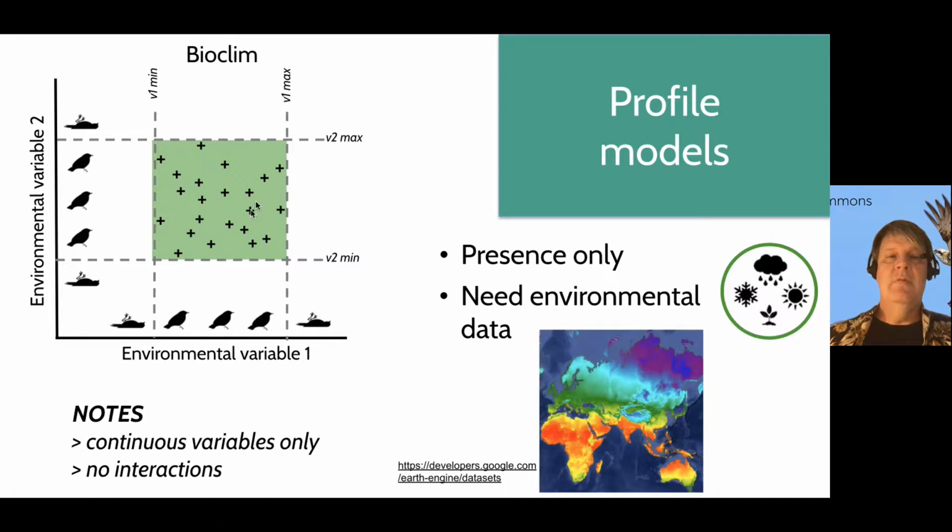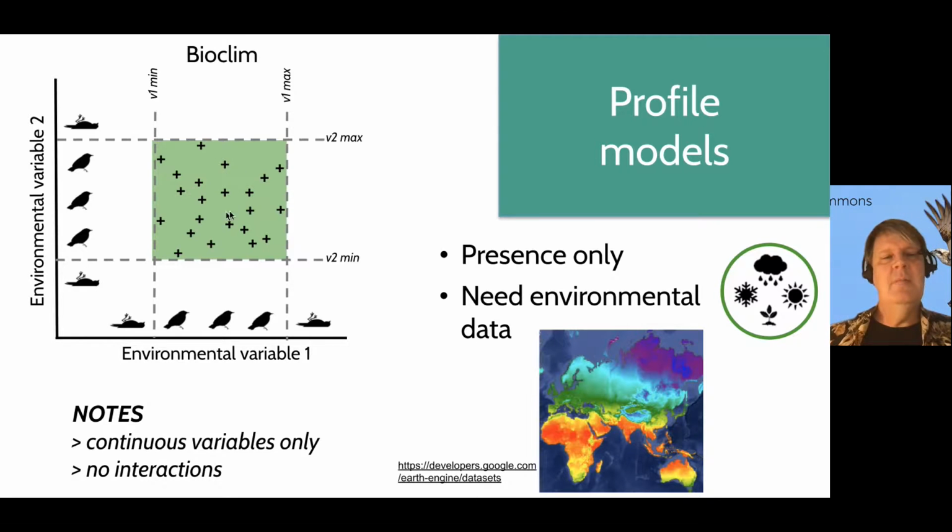So this is the range of temperature where it can occur. Maybe variable 2 is rainfall on the y-axis. And so your environmental space are all of the places on the planet which have these environmental conditions.